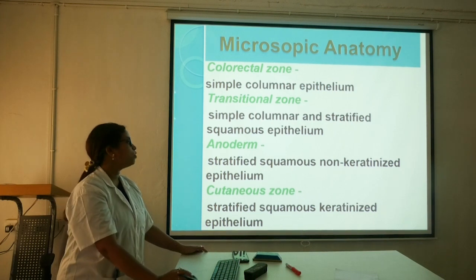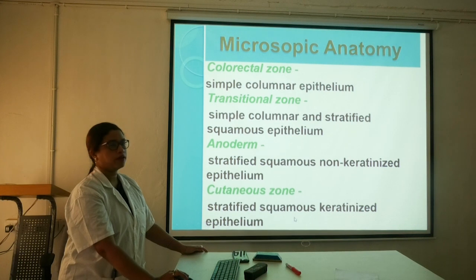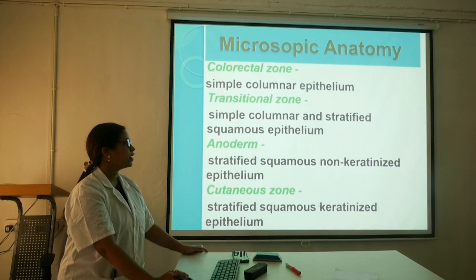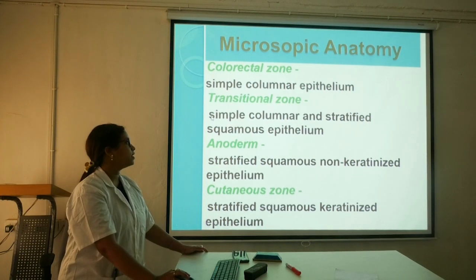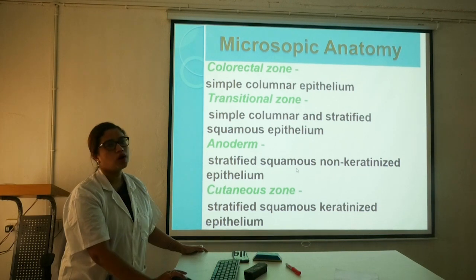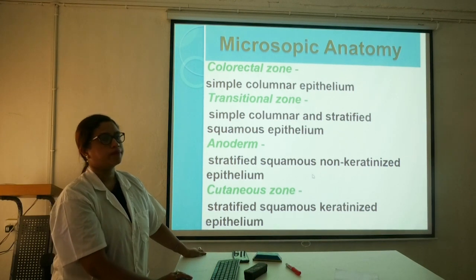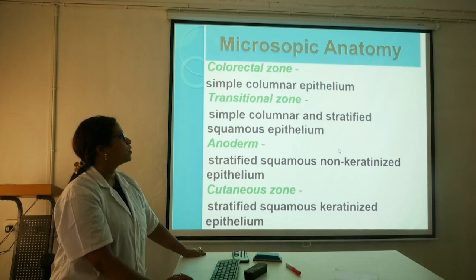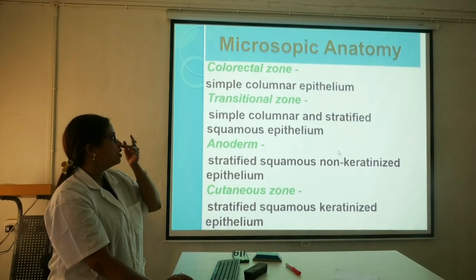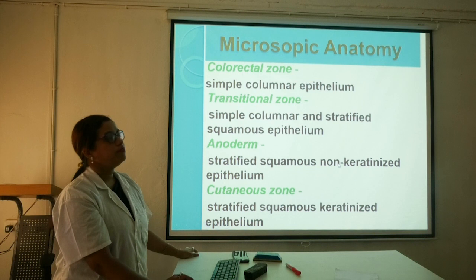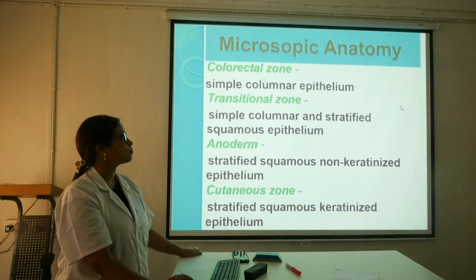Which is similar to the oral cavity? This one. Okay, stratified squamous keratinized is the oral cavity, and the esophagus is this one, stratified squamous non-keratinized. Okay, so these are the microscopic anatomy of the anal canal.